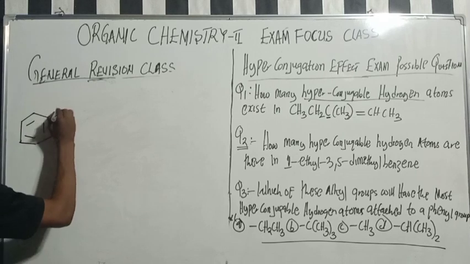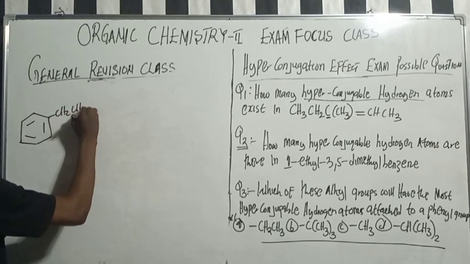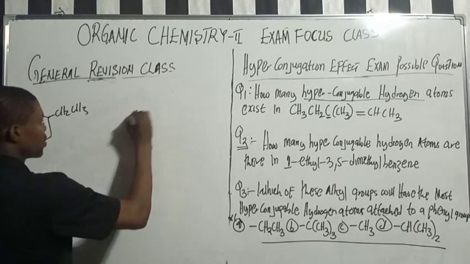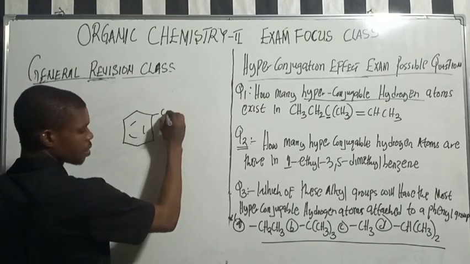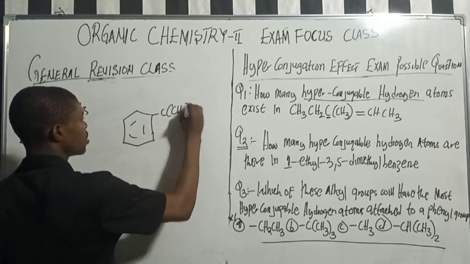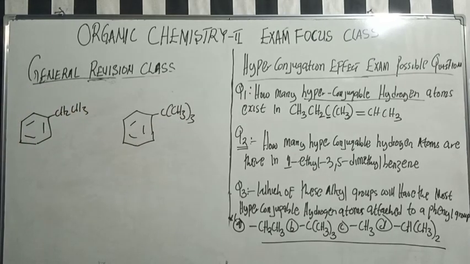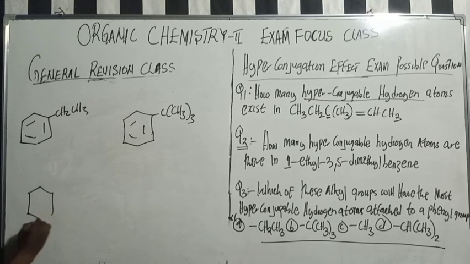Here we have CH2CH3. Is it A? Then CH3, right? Then here I have this one, CH3.